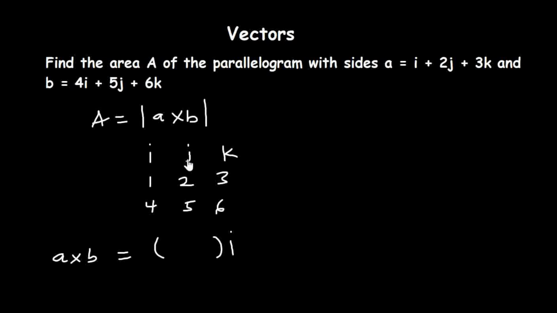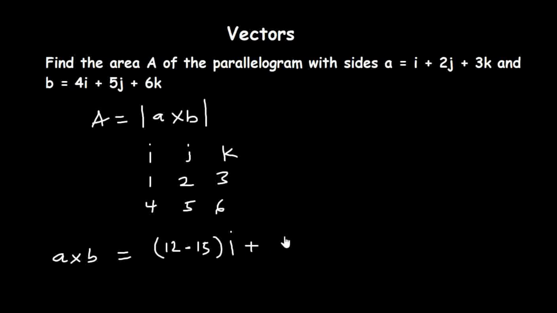Then I consider the remaining columns and do cross multiplication. I'll multiply this 2 by this 6, and then multiply this 3 by this 5, then subtract 3 by 5 from 2 by 6. So 2 times 6 is 12, minus 5 times 3, which is 15. This is what you have now.